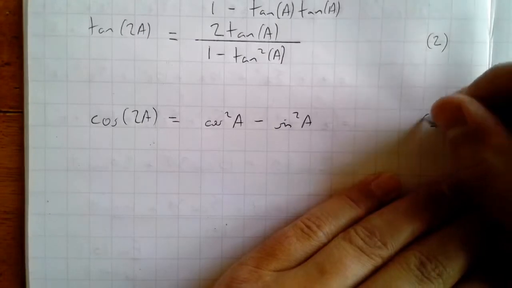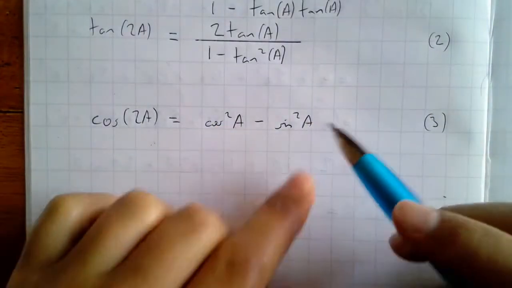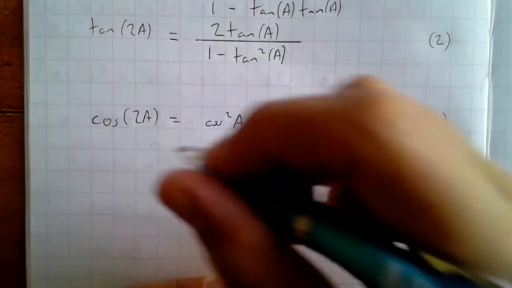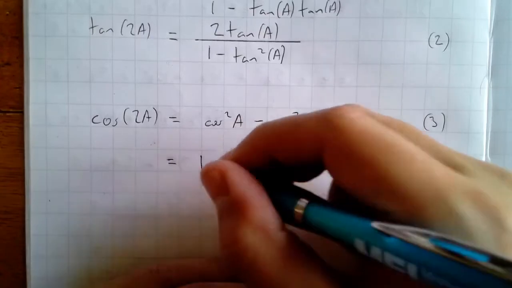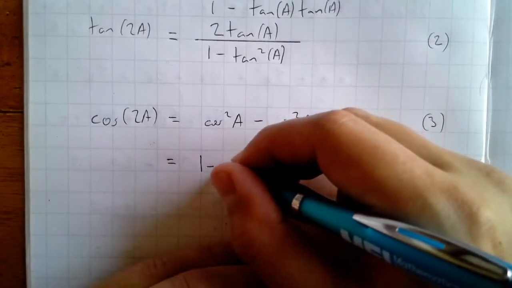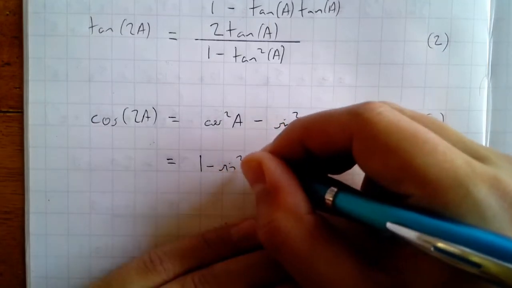However, we could also change cos squared and sine squared into other things. We could change the cos squared into 1 minus sine squared, because cos squared plus sine squared equals 1.